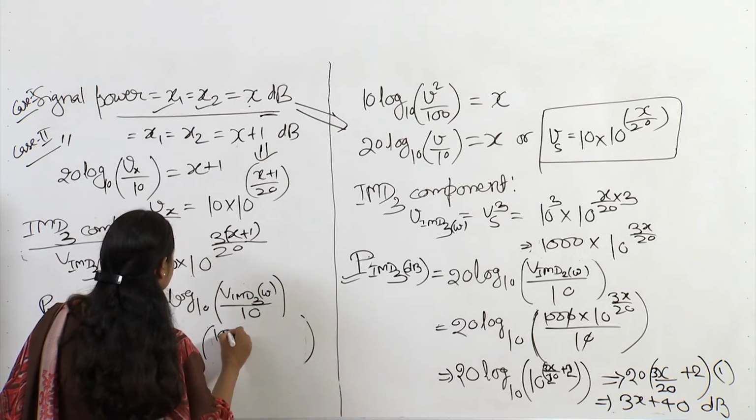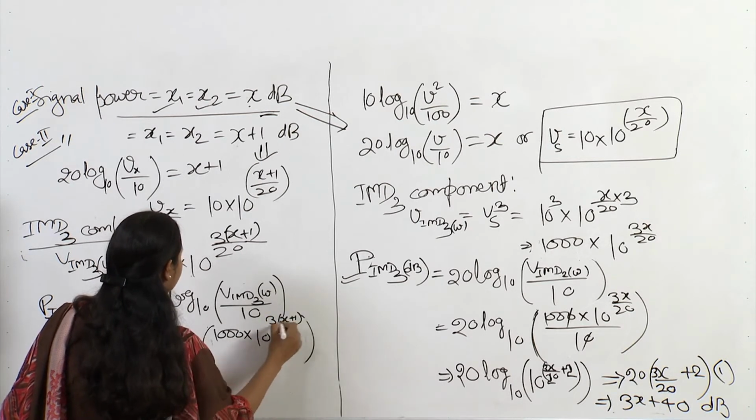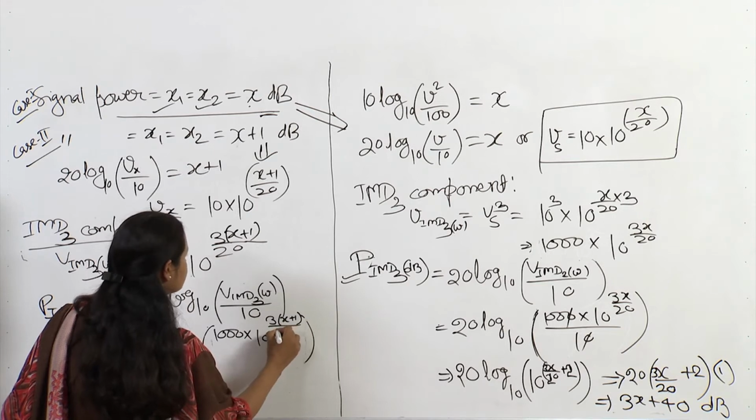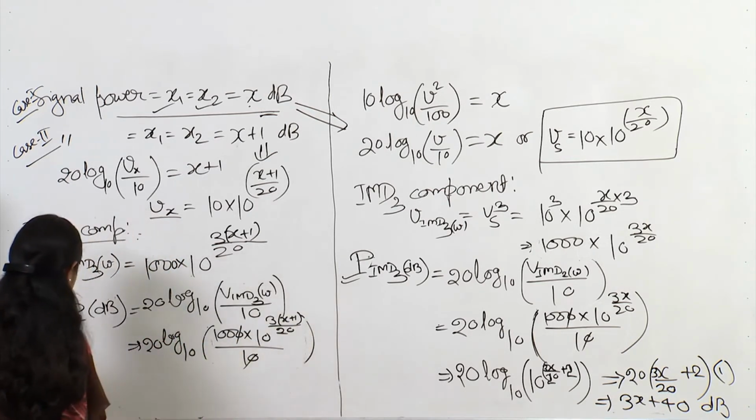So, 1000 into 10 to the power 3 times x plus 1 divided by 20 divided by 10. So, this goes here.